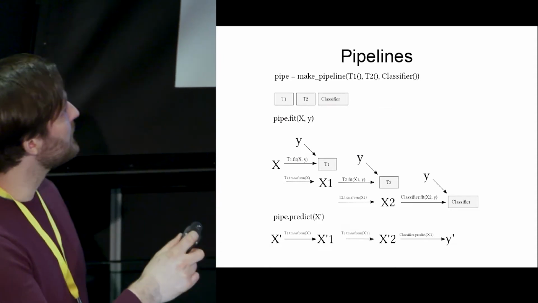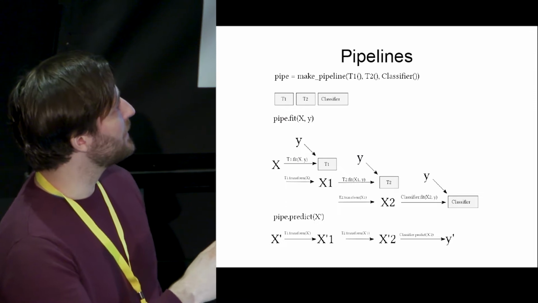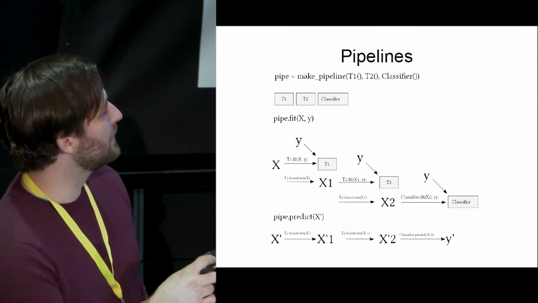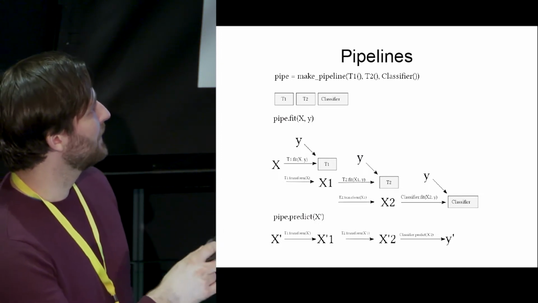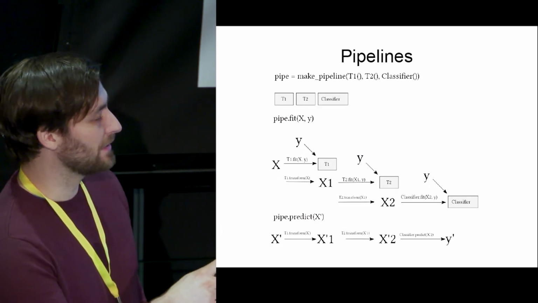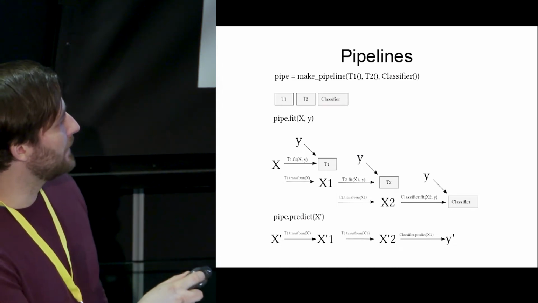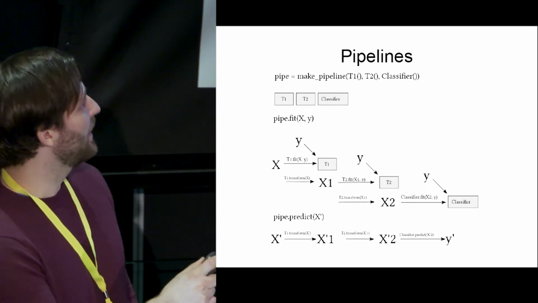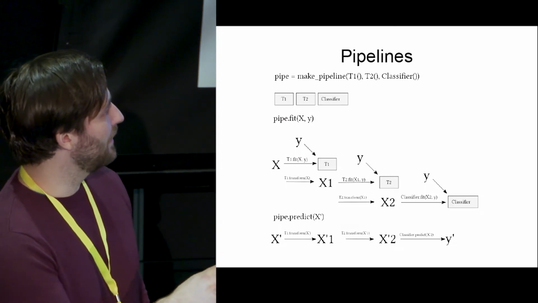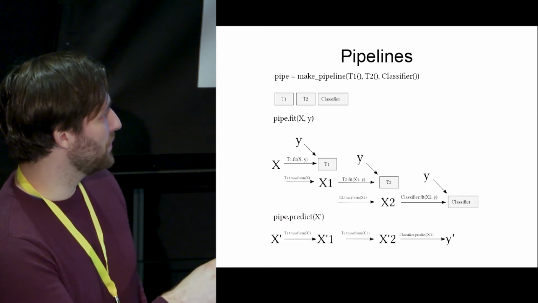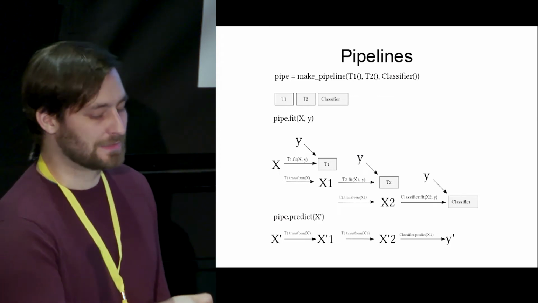So if I call fit on this, what will happen is it takes your input data x and your targets y, fits the first transformer T1, say a scaling of your data, then uses T1 to transform your data to x1, say the scaled version of your data, then fits the second step, say imputation, call it T2, then transforms x1 into x2, the imputed data, and then finally calls fit on the classifier.